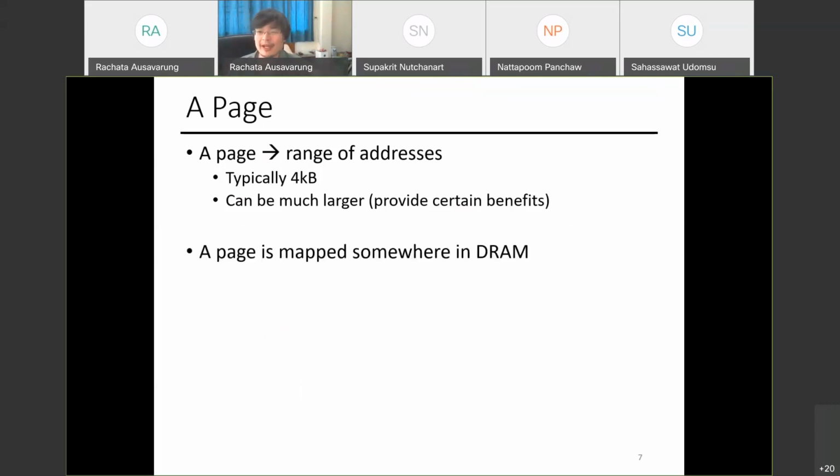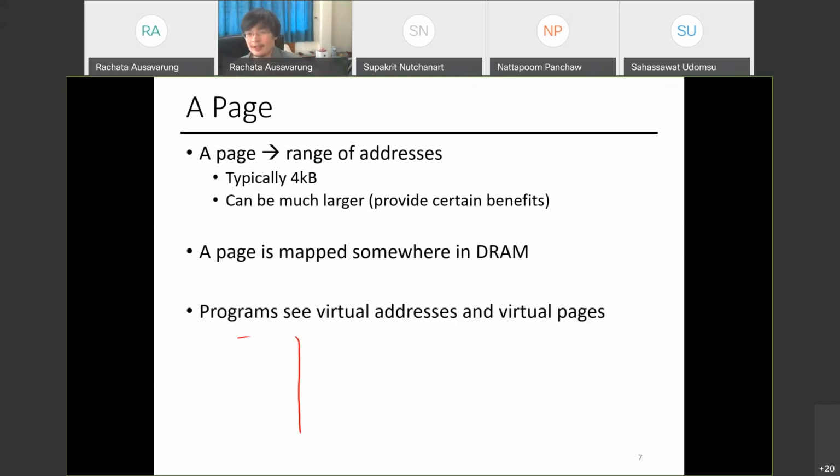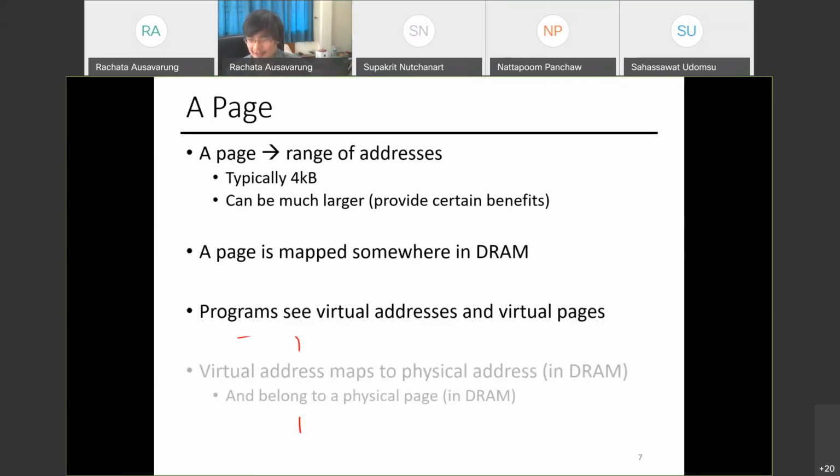It's mapped somewhere in DRAM or hard drive, right? Basically, it belongs somewhere. A program will see a virtual address and virtual pages. There's a concept of virtual address, which means that the virtual address would belong to some virtual page. A virtual address maps to a physical address, which I explained already, right?